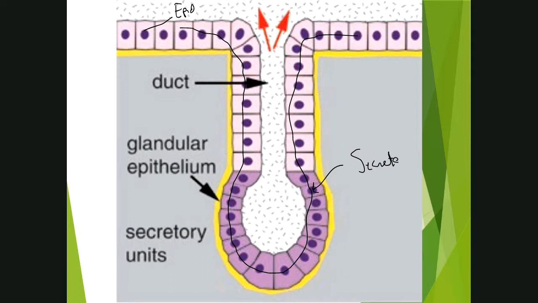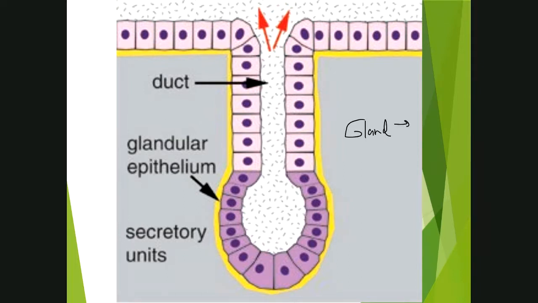Look, there's our basement membrane. Here's our apical surface. Here's our basement membrane. Here's our apical surface. But they're not typical cells. They're specialized cells. And so what we get is called a gland. And so a gland is a secreting tiny little organ, basically.